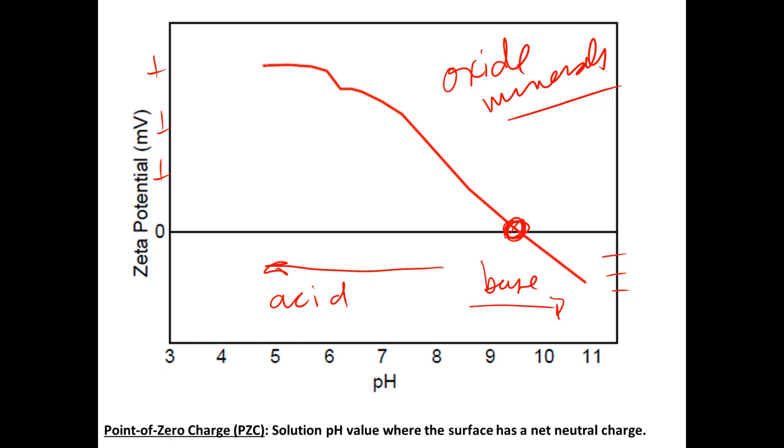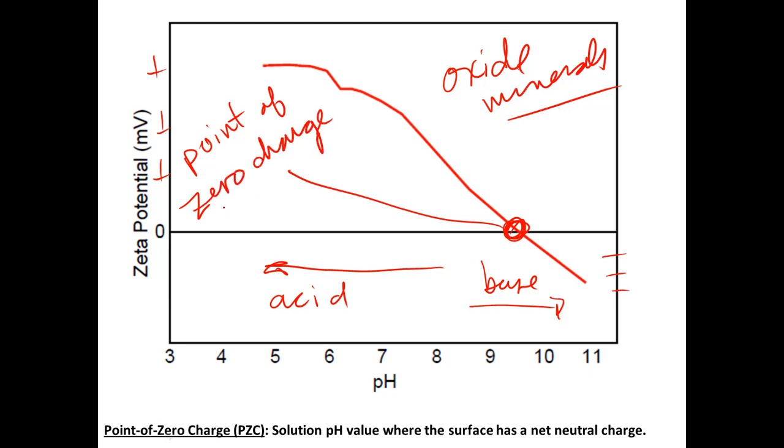That's a very important point that we call the point of zero charge, or the PZC. That's where the mineral surface is net neutral. In other words, the positive and negative charges completely balance out. And we can control the zeta potential and the surface charge by either raising or lowering the pH.